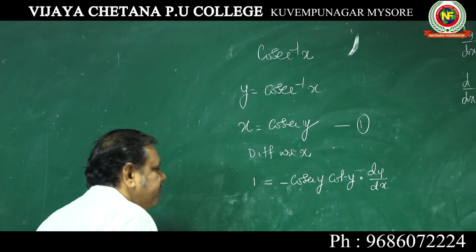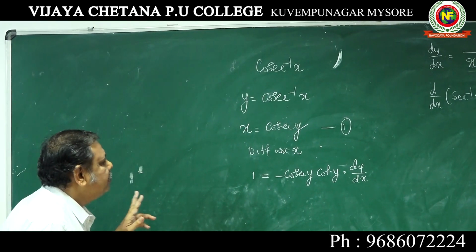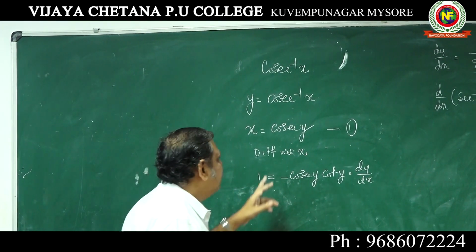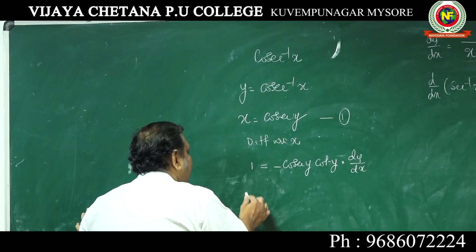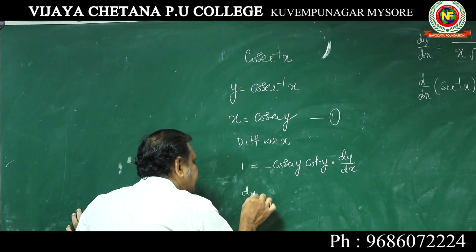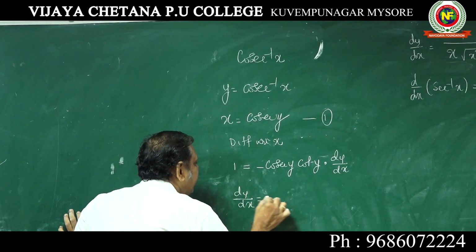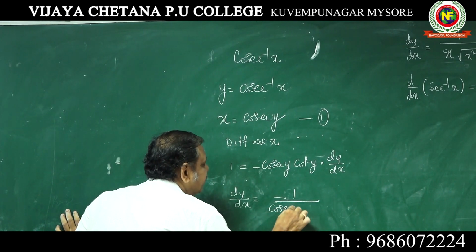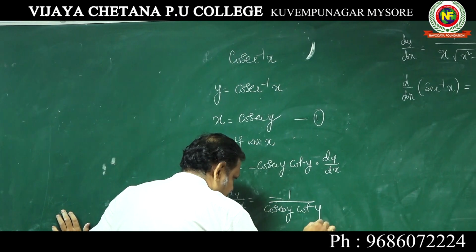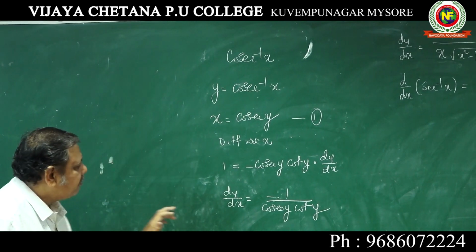You should not forget, when you are differentiating the y variable, you should put dy by dx. Minus cosecant y cot y dy by dx, or dy by dx is equal to minus 1 by cosecant y cot y.